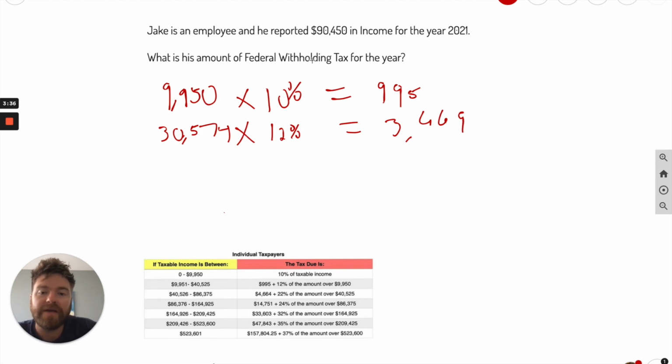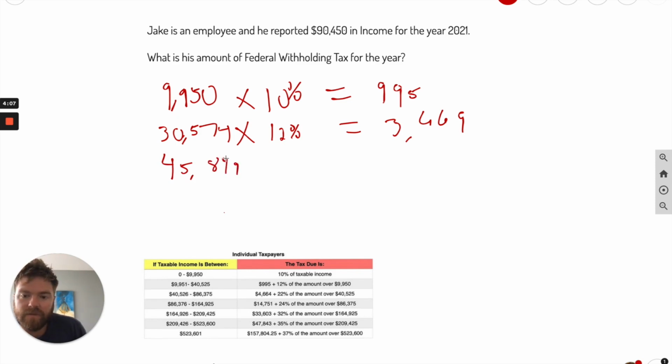And we continue, right? Because we have up to $90,450 in income. So we have to go ahead and take the next bracket here. So 86,375, we subtract the lower number to get the in-between amount we actually tax. So 86,375 minus 40,526, and we get the taxable amount of 45,849.